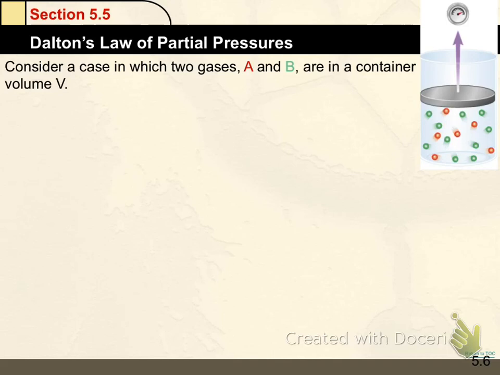All right, consider a case in which two gases, A and B, and notice A is in red and B is in green. That's kind of going to help me follow the flow all the way down. Let's say that we were just concerned with the pressure of gas A. Could we find that? Well, sure.